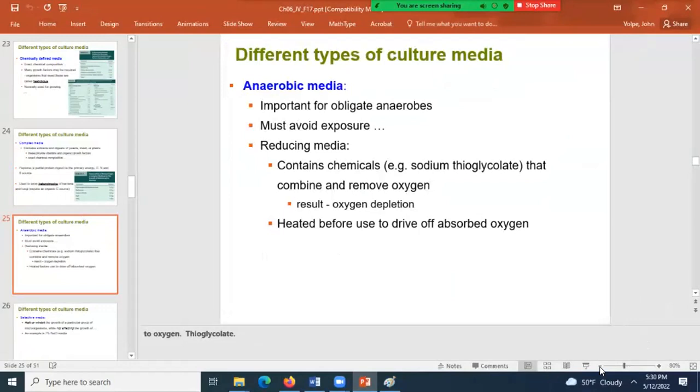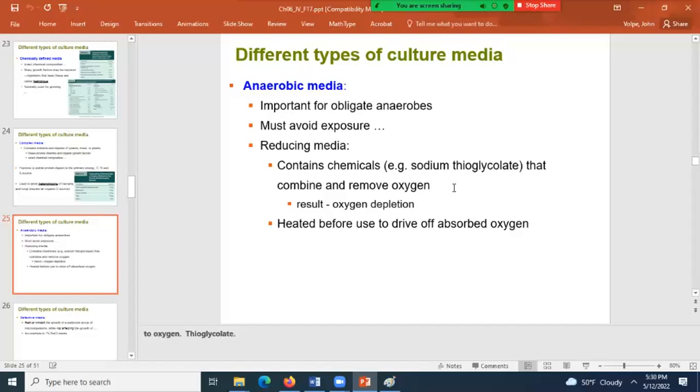Now there is a different type of a media, and I've already mentioned it, and that is anaerobic media. This is a media for growing obligate anaerobes, organisms that must avoid exposure to oxygen. An anaerobic media has a reducing agent in the media, meaning it has a chemical like sodium thioglycolate that combines with and removes oxygen. And that way, oxygen will be depleted, at least at the bottom of the sodium thioglycolate tube.